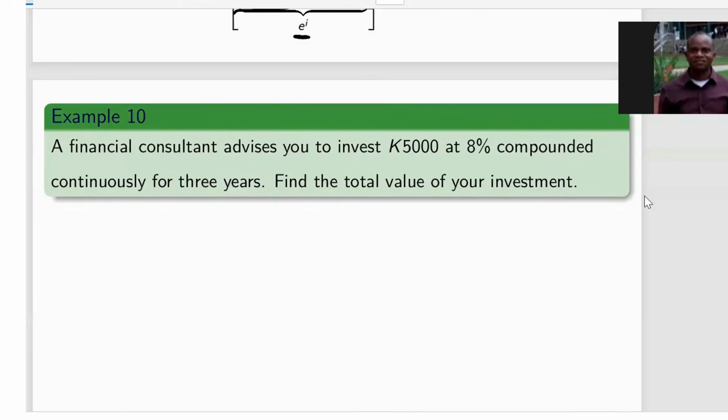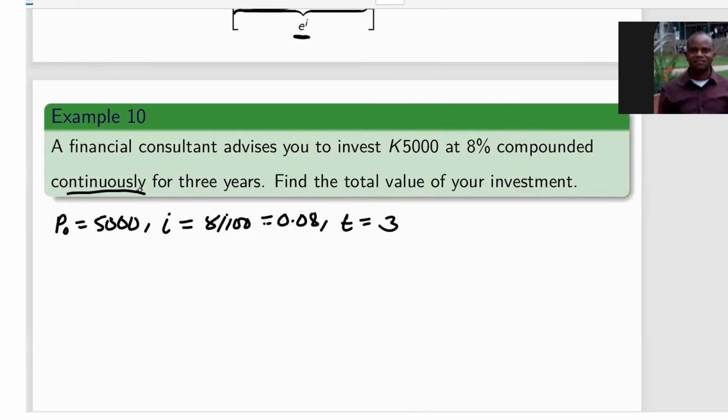We have P naught equal to 5,000. What is i? We were given that it is 8%, which means 8 over 100, the same as 0.08. Then what is t? We are told this is compounded continuously, and t is equal to 3. So the key term is continuously there.